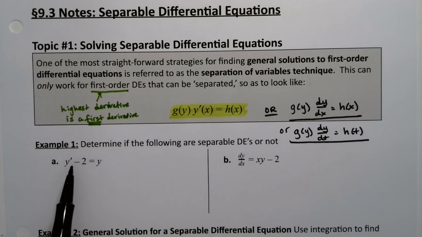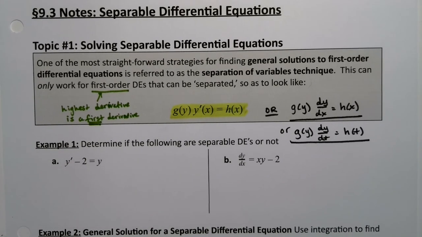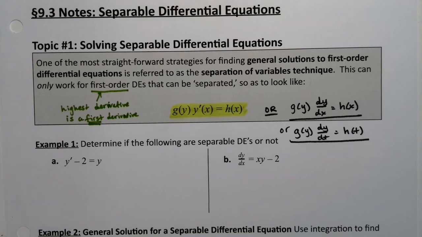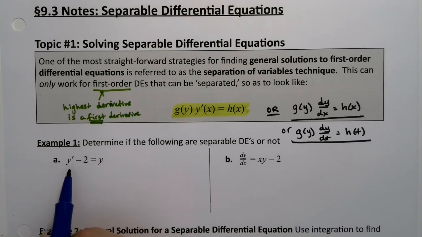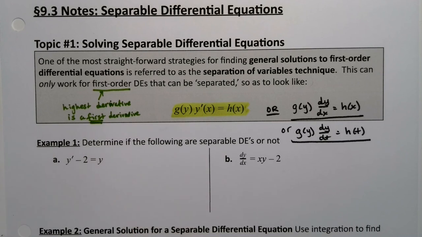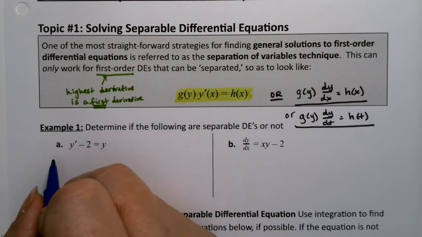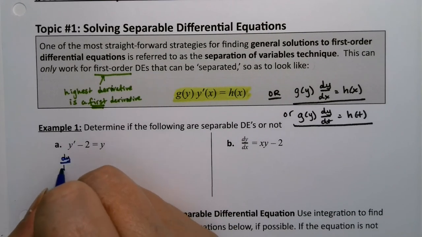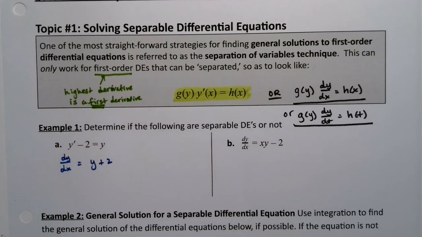All right, so our first example is going to be to determine whether these are separable differential equations or not. Okay, if it's going to be separable, we can fit it into a form such that the dy/dx and the y part are together. At first blush, this might seem like it has a problem because there's that subtraction in there. However, let's rewrite this. This is dy/dx equals y plus 2.